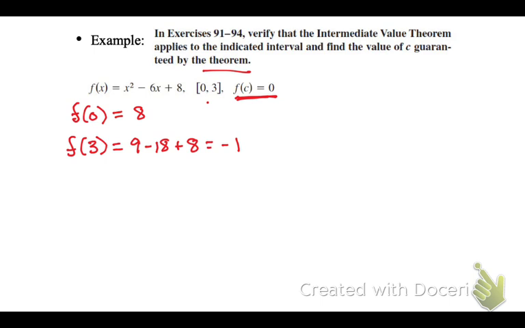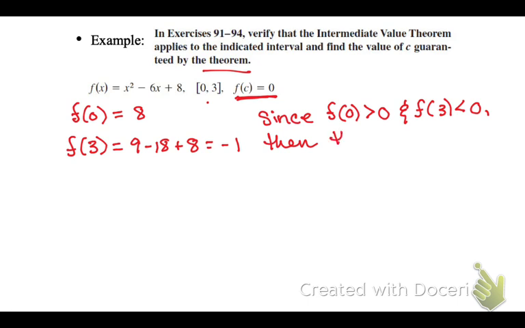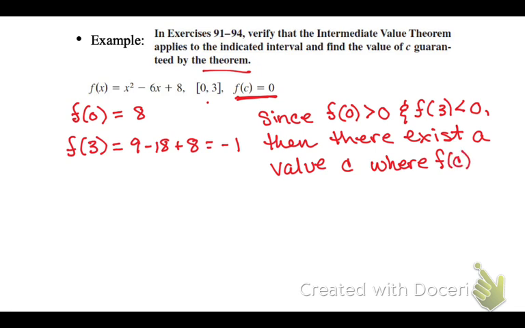So now what we write is since f of 0 is greater than 0, meaning it's positive, and f of 3 is less than 0, meaning it is negative, then there exists a value c where f of c equals 0.